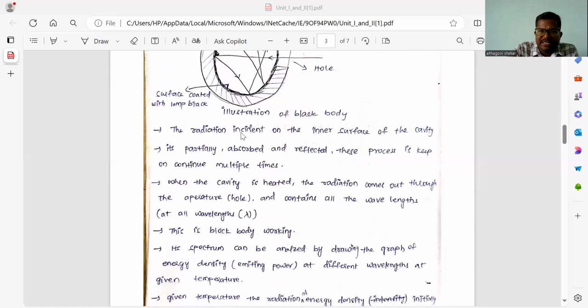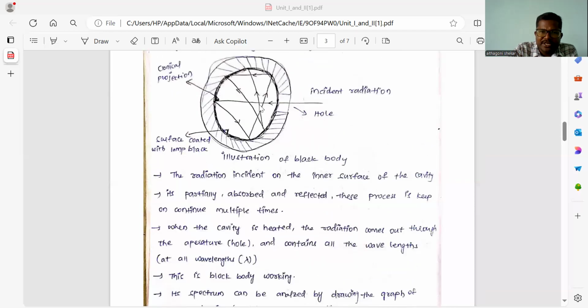The radiation is incident on the inner surface of the cavity. It is partially absorbed and partially reflected. This process continues multiple times: partially absorbed, partially reflected.